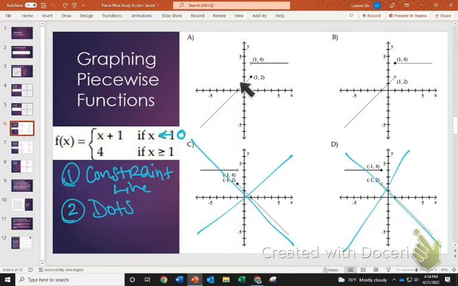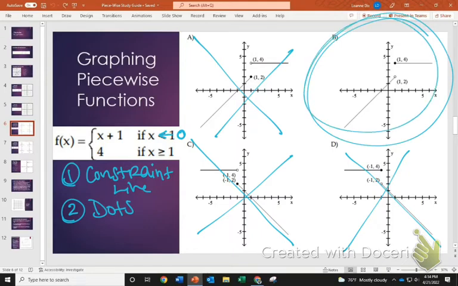What I'm checking is, if I have a constraint line on the left hand side, is there an open dot on that line? Let me go back, and I can see right here that left of the constraint line, this is a solid dot, which needs to be open. So I can cross off A, and I'm left with B as my answer.